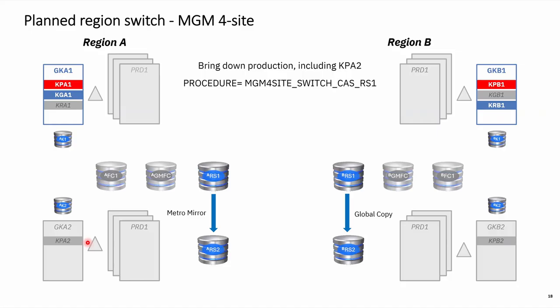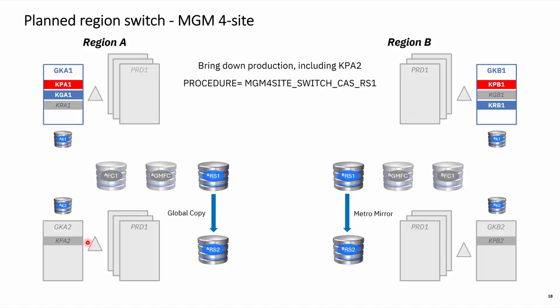And once the data has been drained, this means all 4 copies in your environment are the same now. We're going to switch our metro mirror to a global copy. Now we're doing a global copy between ARS1 to ARS2.